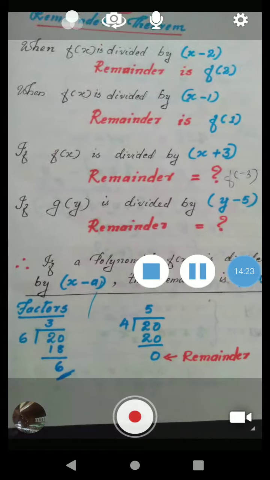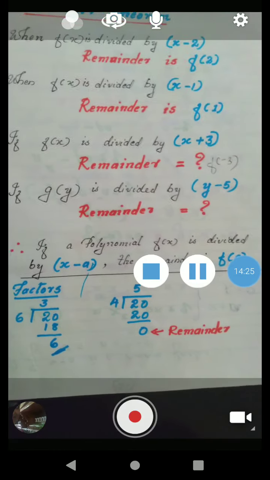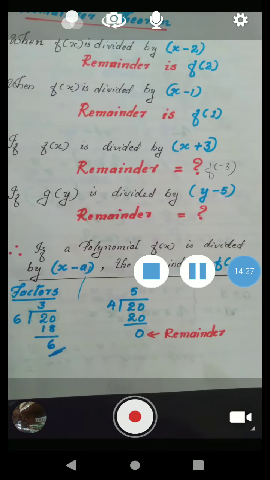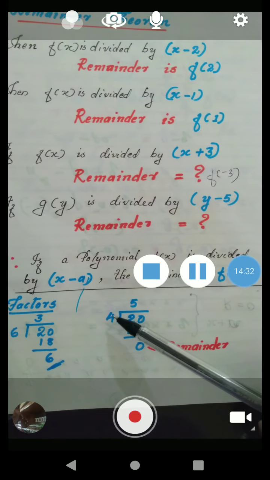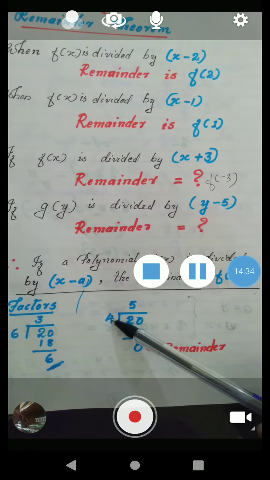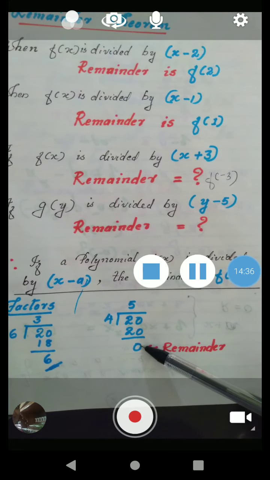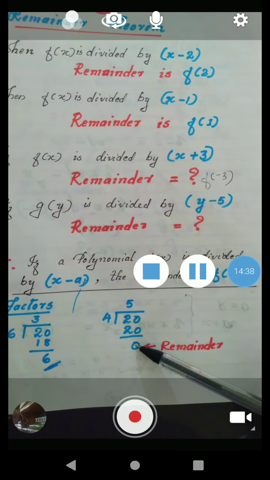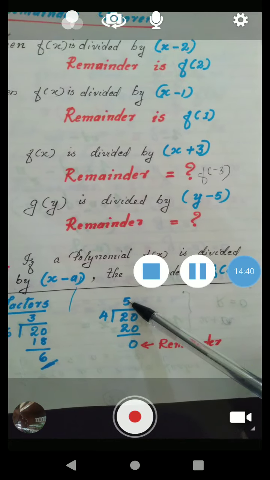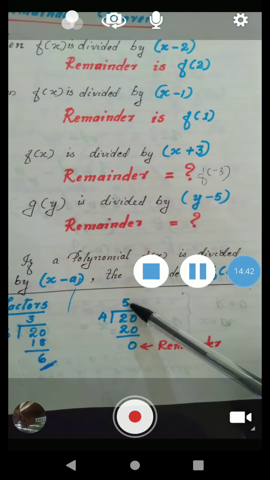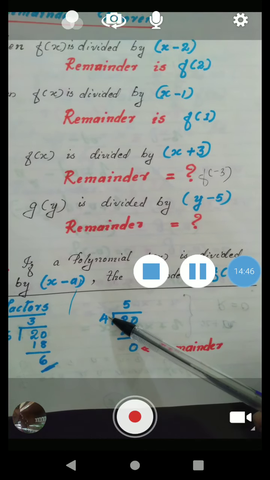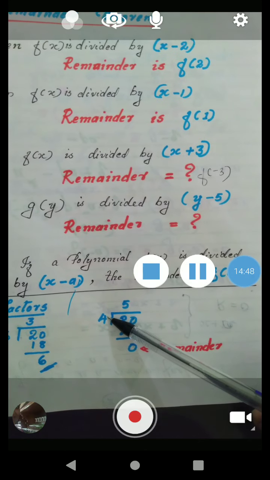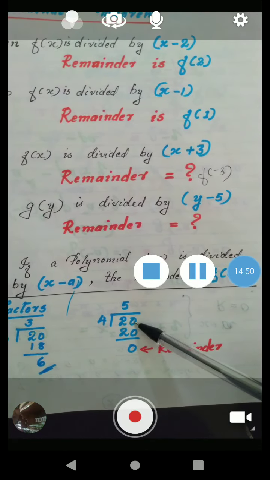Now we can see what the factor theorem is. These two things are connected. Suppose 20 is divided by 4, we get the remainder 0. Therefore, we can say that 5 is a factor of 20. At the same time, 4 is also a factor of 20.